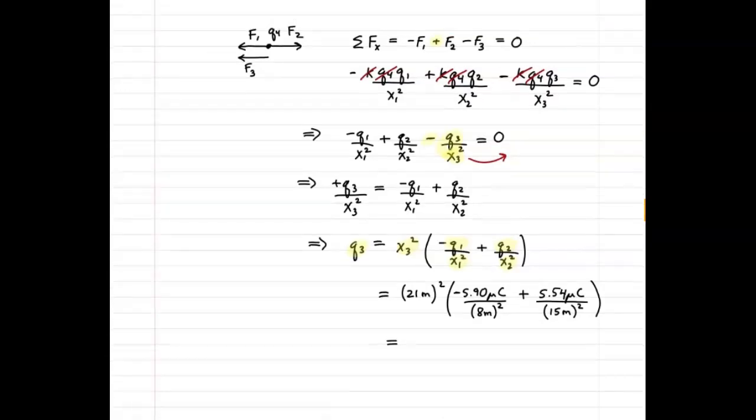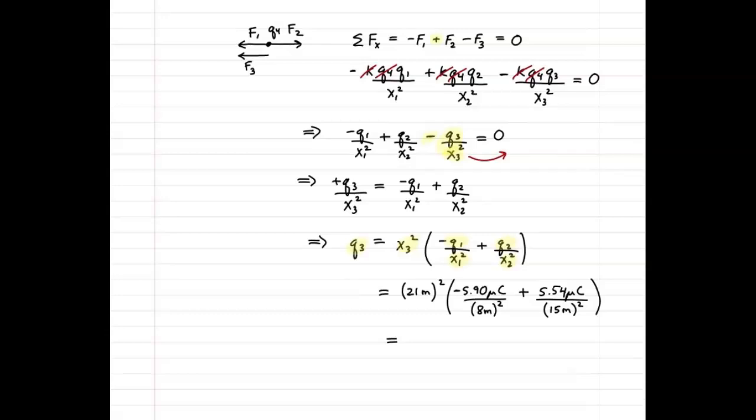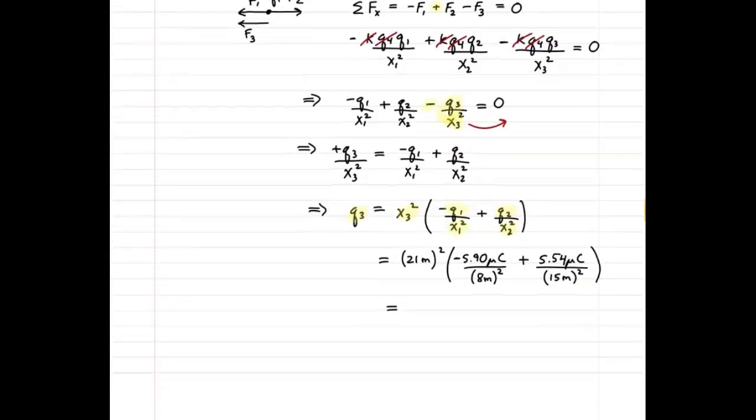So I'm going to remind you again, we don't have to convert the microcoulombs into 10 to the minus 6 coulombs. We can keep it the way it is, because then when these meters cancel, the meter squareds cancel, the units will be in microcoulombs, which will be a perfectly legitimate unit for Q3. So if you punch this in, you'll get minus 29.8 microcoulombs, and we can box our answers.